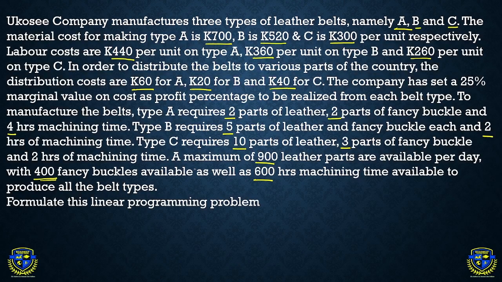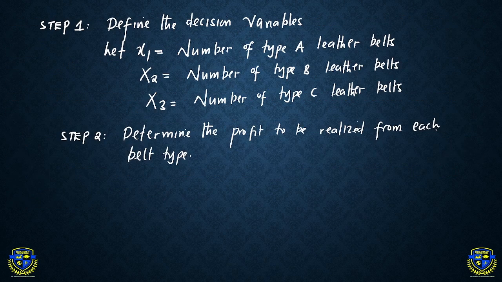Then type B needs 5 parts of leather and fancy buckles each, then 2 hours of machining time.